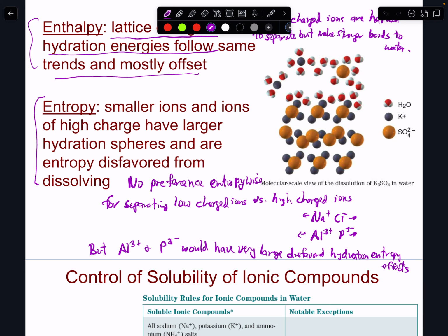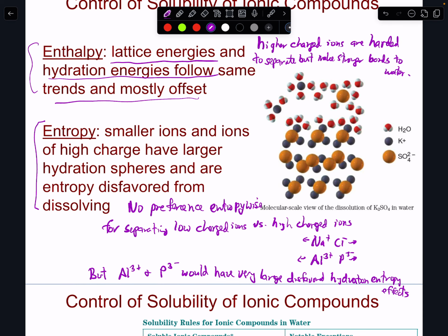Okay, so let's go over that again. When an ionic compound dissolves, the ions have to separate from each other, but then they form bonds to water. And those two things are not that far from each other. When an ionic compound dissolves, if things of low charge break apart, the ions go their separate way, and that's favored. And they form bonds to some waters, and that's disfavored, but not that much.